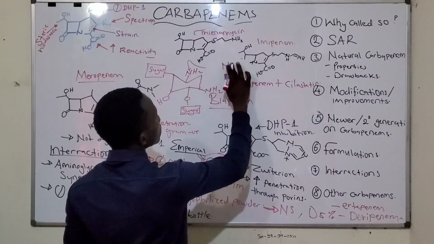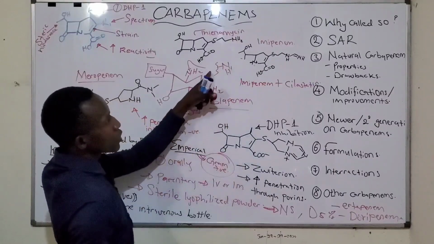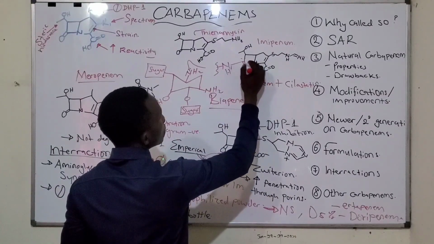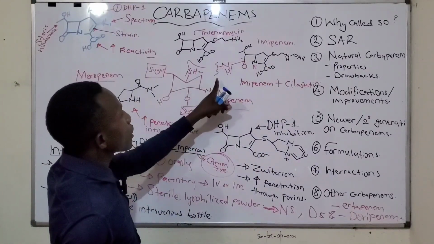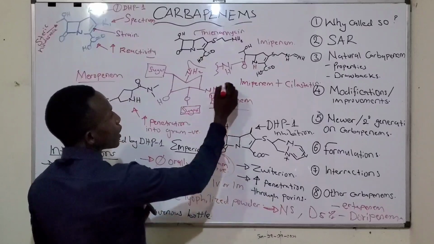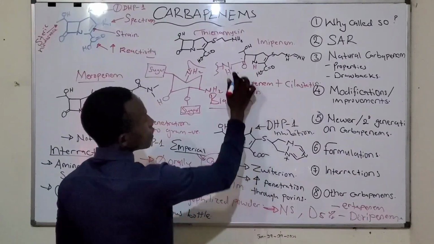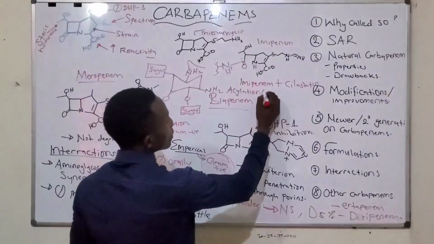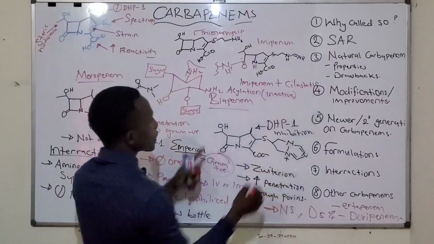You have the NH, this group. It has been cut at this position. Meaning that the aminoglycoside is acylated. This is acylation. It's one way to inactivate the aminoglycosides, so it is inactive if it is acylated.